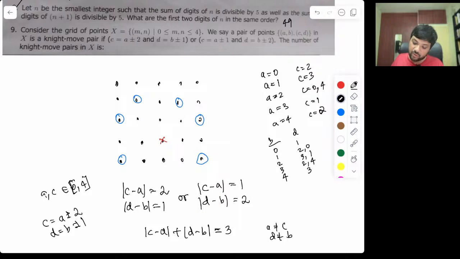Okay. So therefore you have 8 solutions here, and here there are 6 solutions, right? So 8 and 6, individually, so totally 48 solutions.